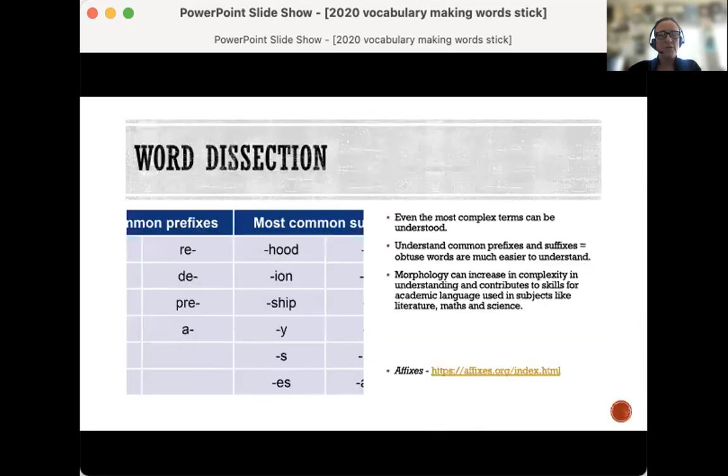The whole idea of this analysis of word parts, you could call it word dissection. Even the most complex kinds of words can be understood, and I'll prove my point later on. Now, I don't have the full list here, but there are common prefixes and suffixes.